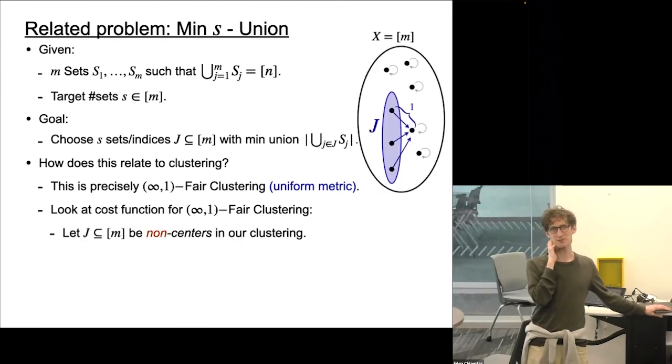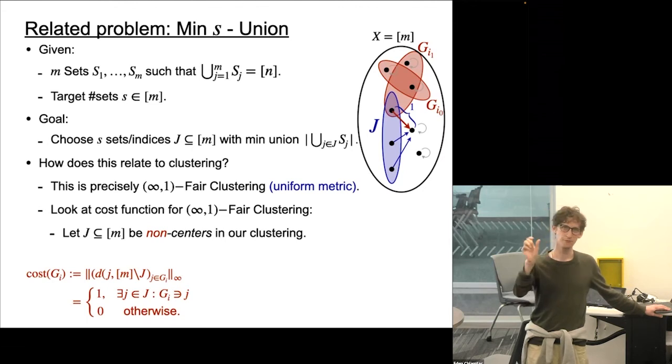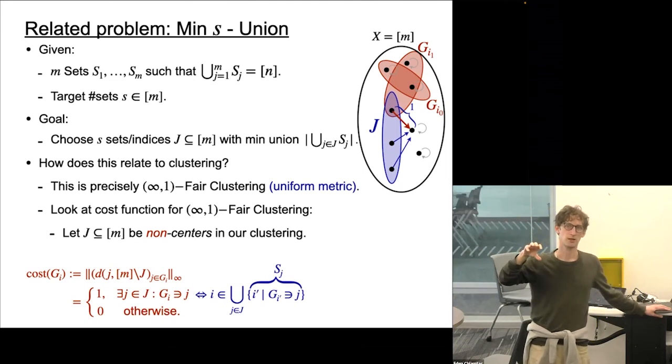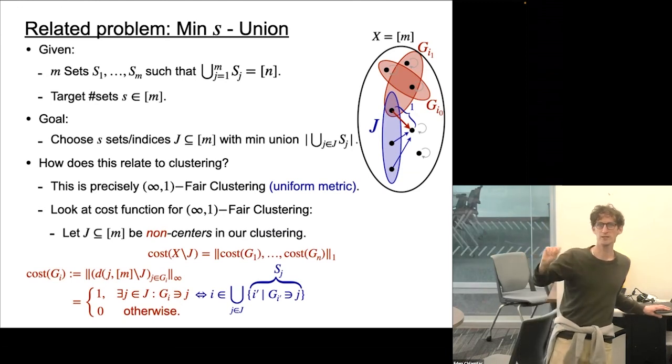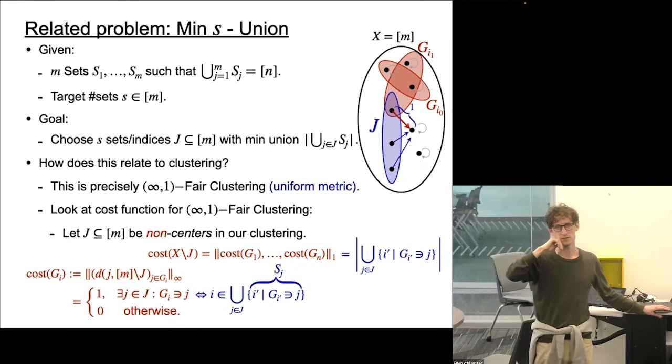If you plug in the definition from before, then the infinity part of infinity-one says that the group cost is going to be one if this group intersects the set of points that we chose as non-centers, and then the one part says that we sum over everything. So these group costs are like indicators for the elements in the union, right?